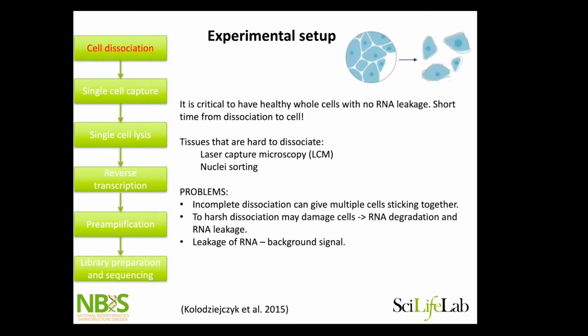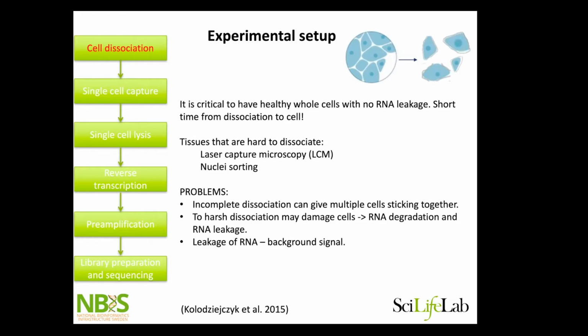And of course, one problem might be that you have incomplete dissociation, you have cells sticking together. If you dissociate too harsh, you can damage the cells. And this is also often quite biased.